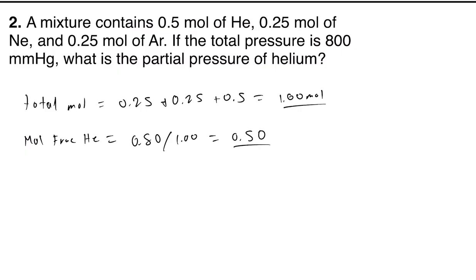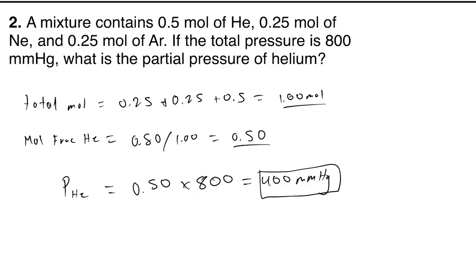And our step 3 is going to be finding the pressure of helium. So to do that, P of helium is going to be equal to 0.50 times 800 millimeters of mercury, which is going to be equal to 400 millimeters of mercury.